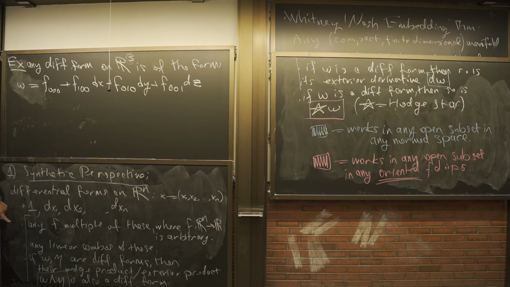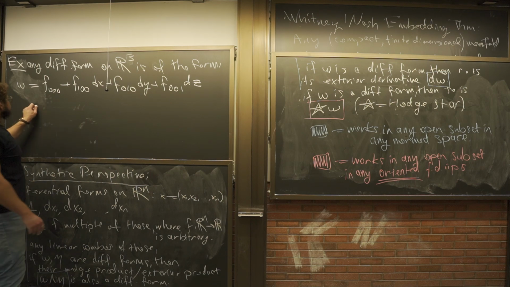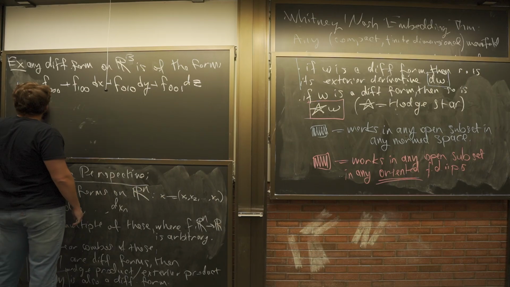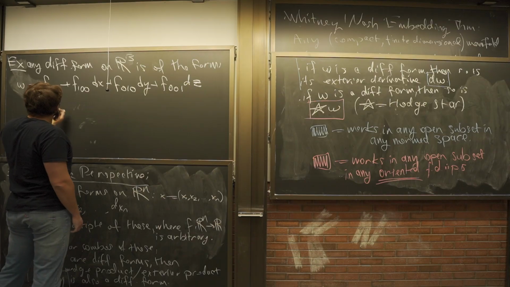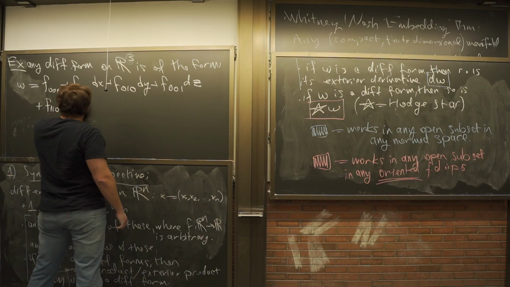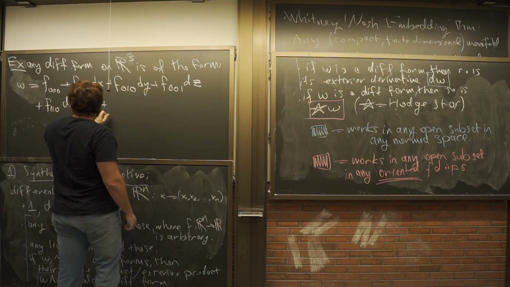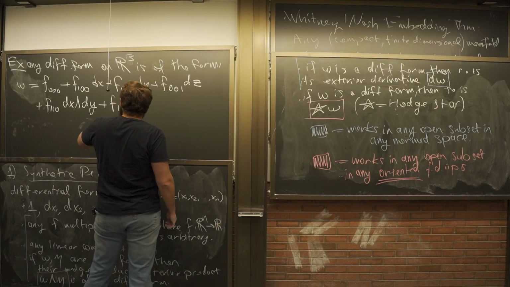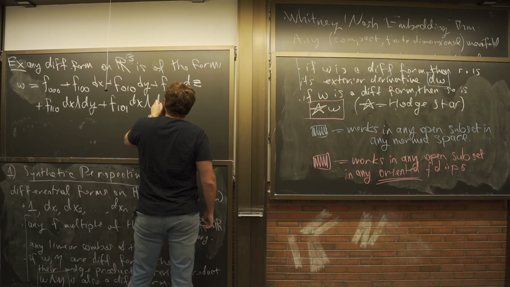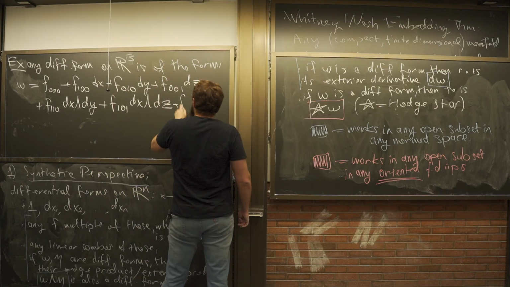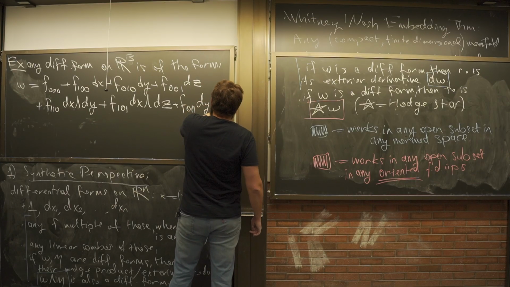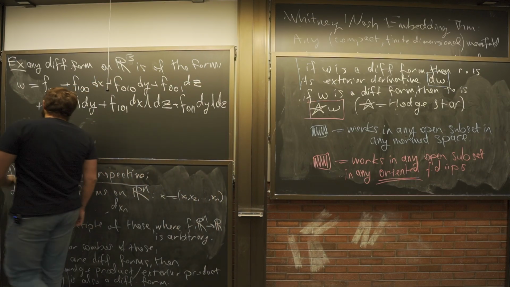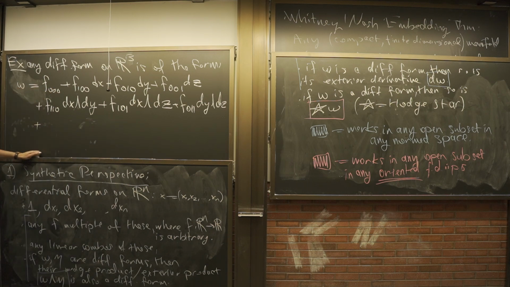Now you take wedges, okay? You say, for instance, f1,1,0 dx wedge dy plus f1,0,1 dx wedge dz plus f0,1,1 dy wedge dz plus, now you wedge one more, okay?